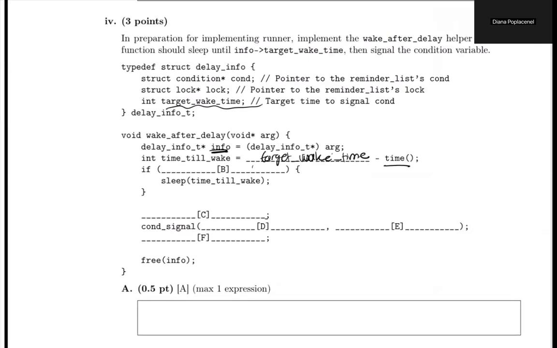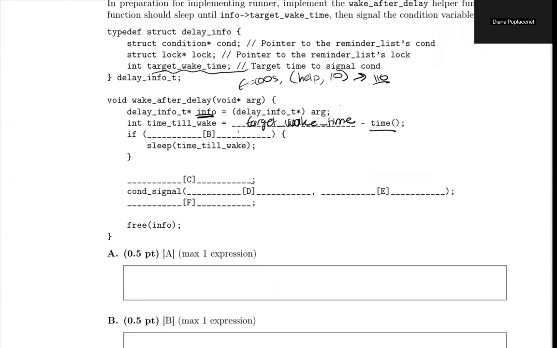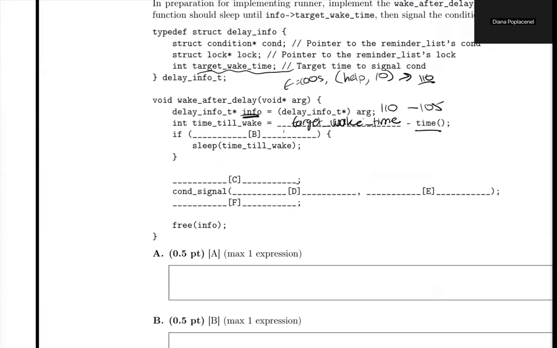And so for an example, if the target wake time from our previous example with help, that's called at time 100 with an increment of 10, here the first target wake time is 110. And if the current time is 105, we know that we have 5 more seconds to wait.